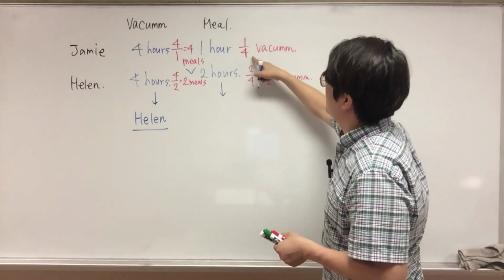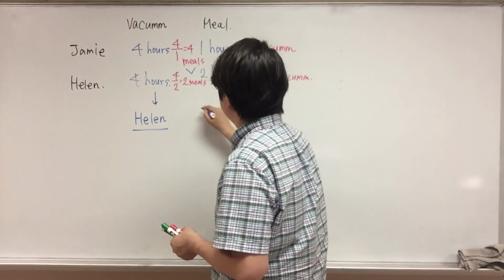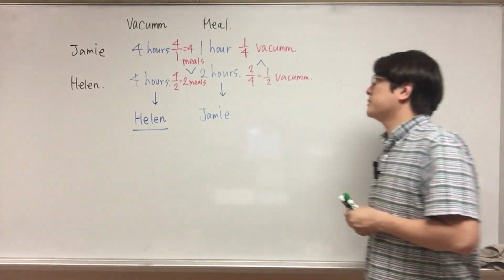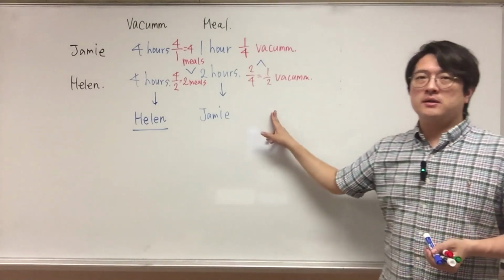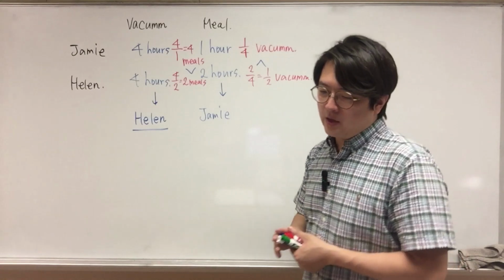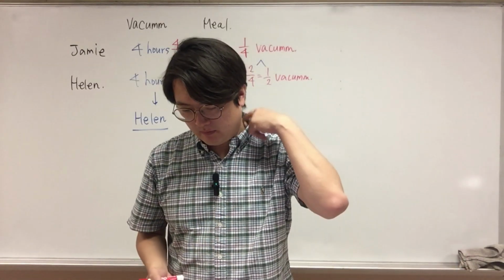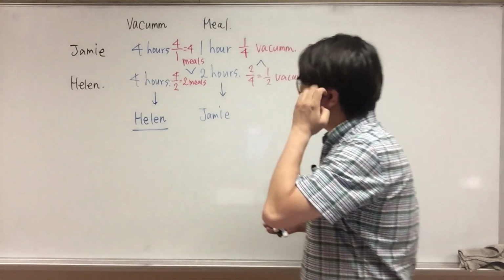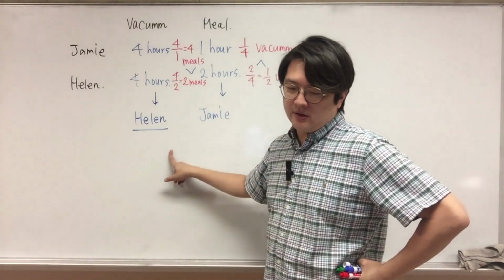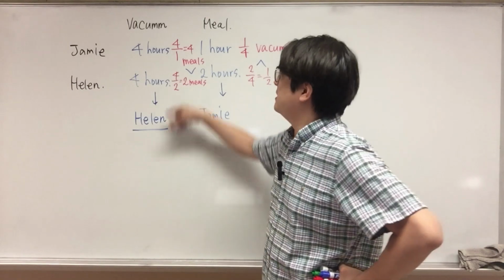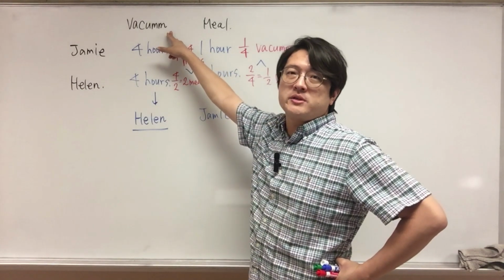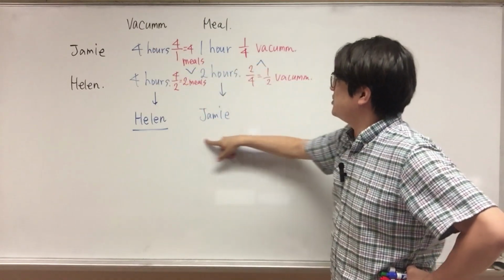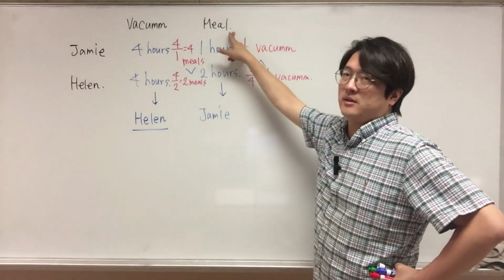Jamie, right? So Jamie has the comparative advantage for making a meal. That is how we get comparative advantage. It means Helen should specialize in vacuuming the house, and Jamie should specialize in making meals.